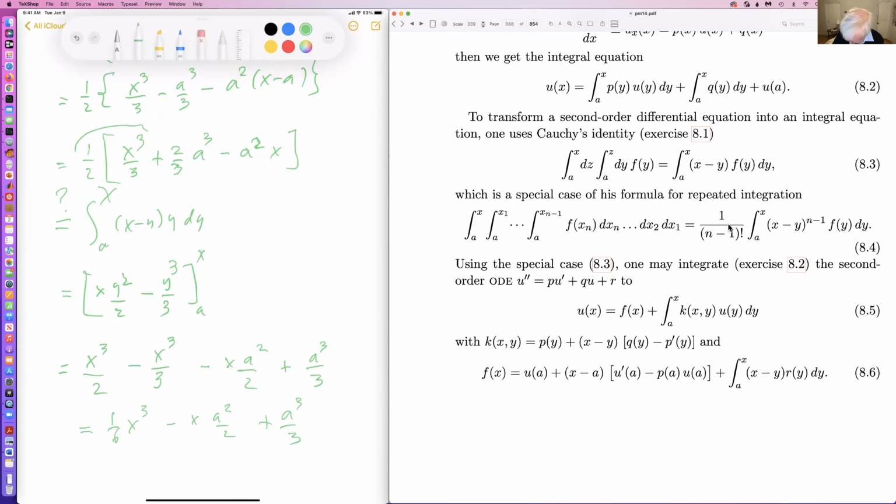So this term is indeed equal to 1/6 x cubed. Oh, and this term multiplied by a half is 1/3 a cubed. And minus x a squared over 2, that is that.